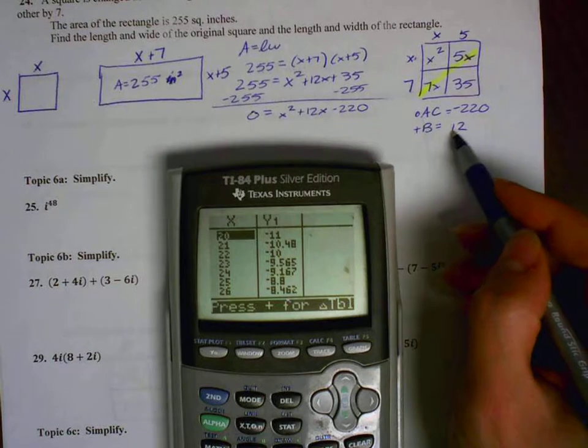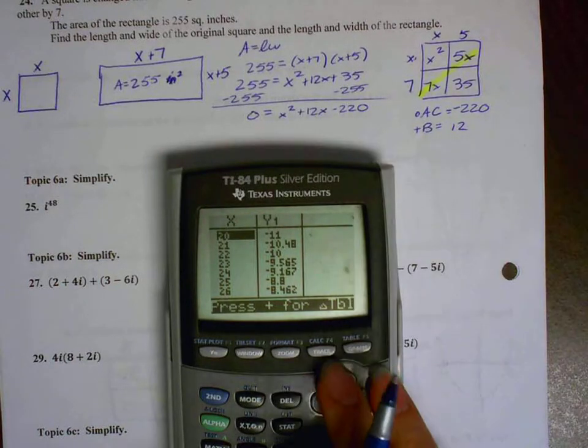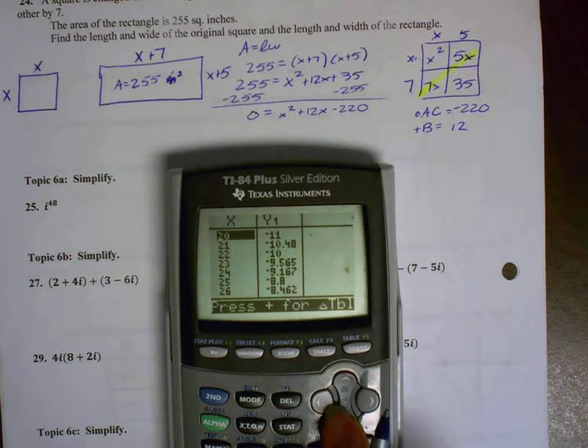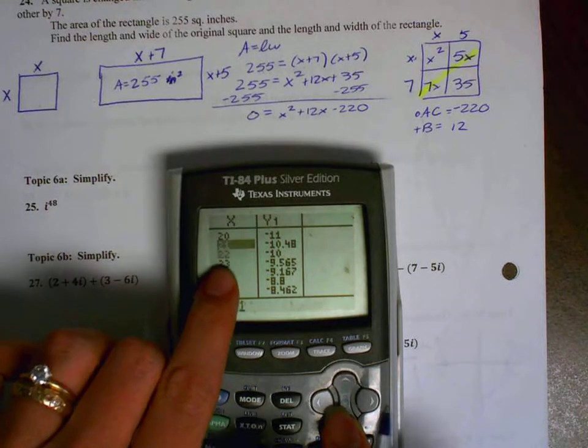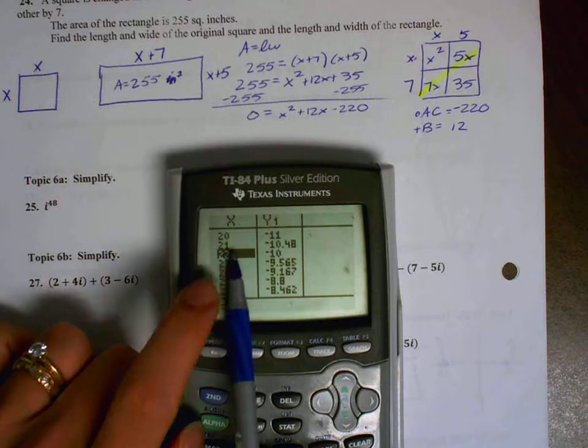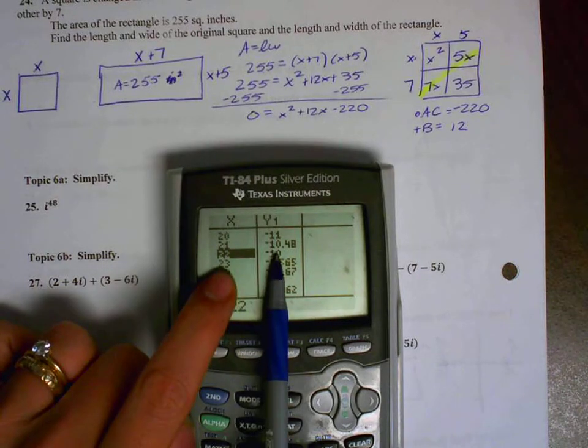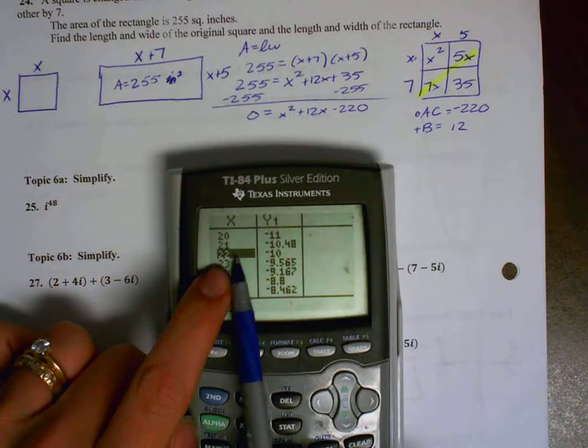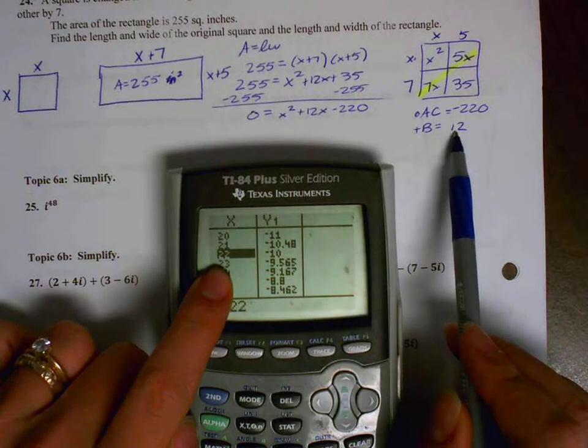If they're going to add up to be a positive number, the bigger number needs to be positive, and the smaller number needs to be negative. So I want them to equal 12. Oh, there we go. So I have 22 and negative 10. So 22 times negative 10 is negative 220. 22 plus negative 10 is 12.